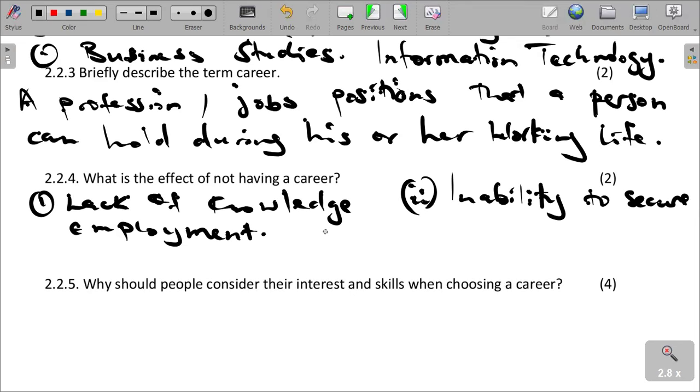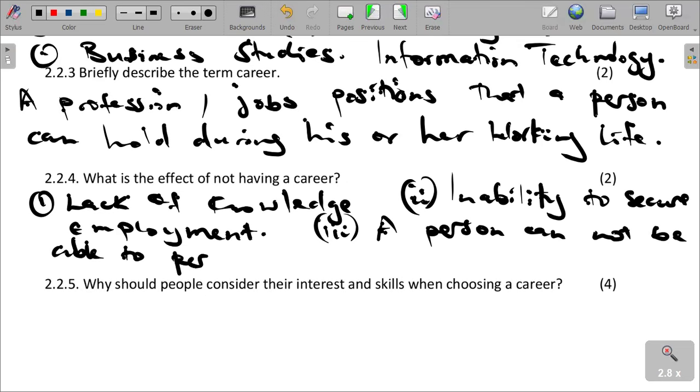A person cannot be able to perform well at work, and then this can also result in opportunities being missed.